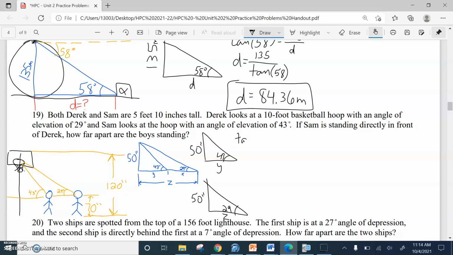So tangent 43 in this case is 50 over y. Again, that shortcut is swap places, tangent in the denominator. 50 over that tangent.